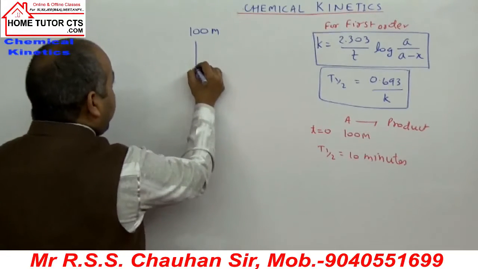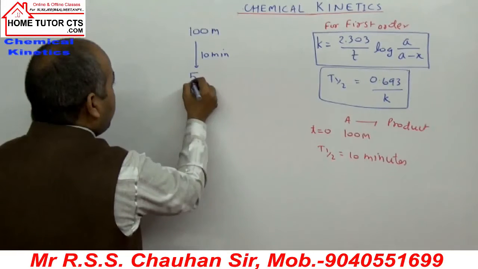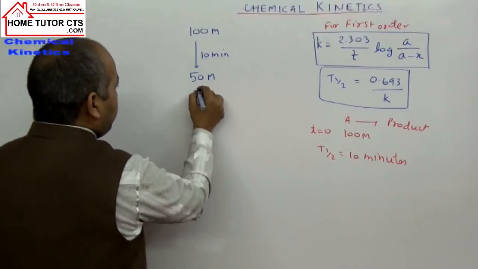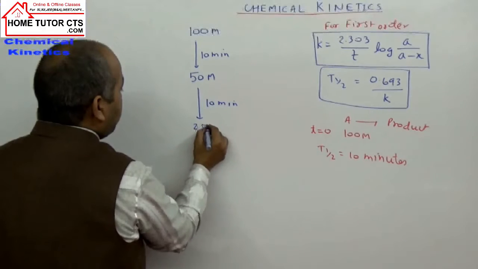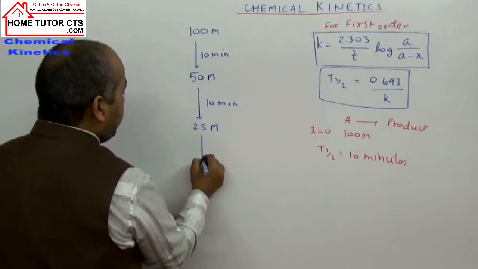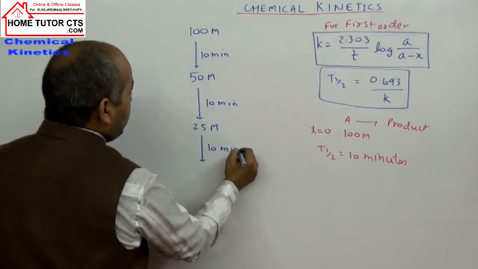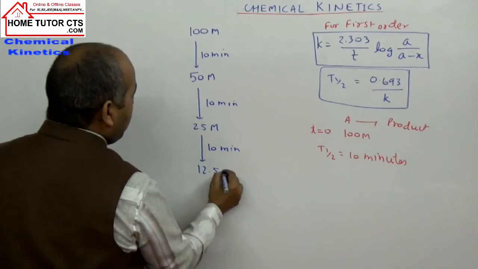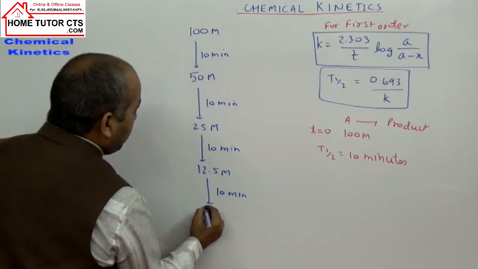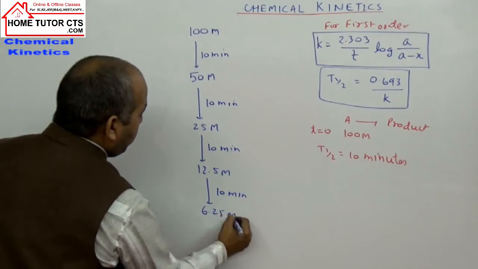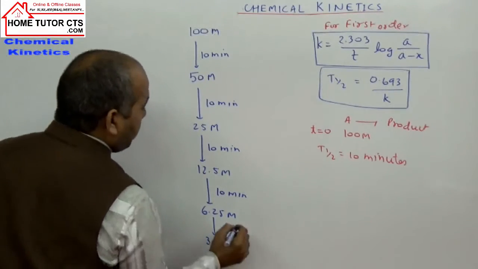Then in 10 minutes, which is t half, the concentration becomes 50 moles per liter. If you take 10 minutes more, it becomes 25 moles per liter, then 12.5, then 6.25, then 3.125 moles per liter.